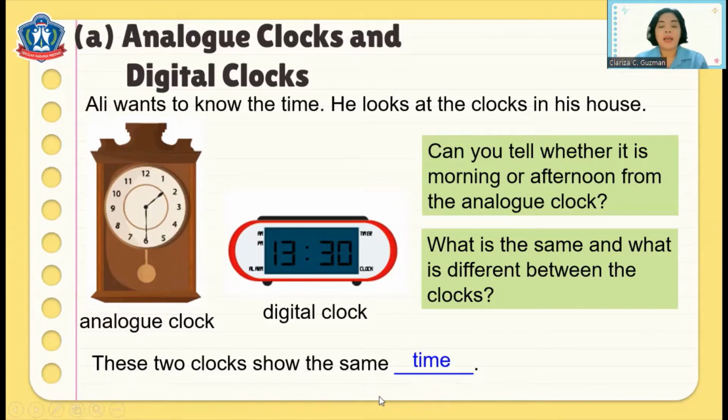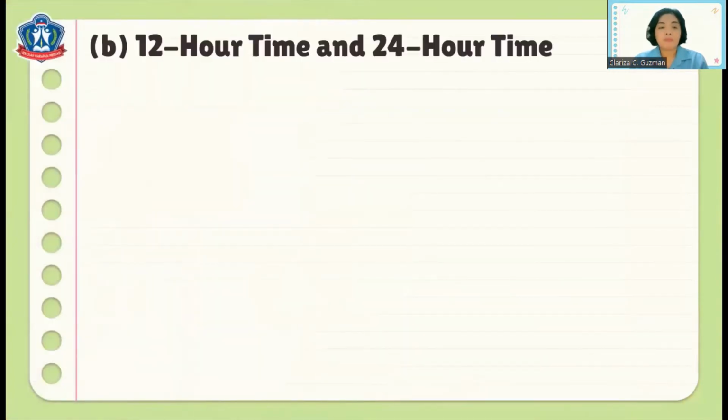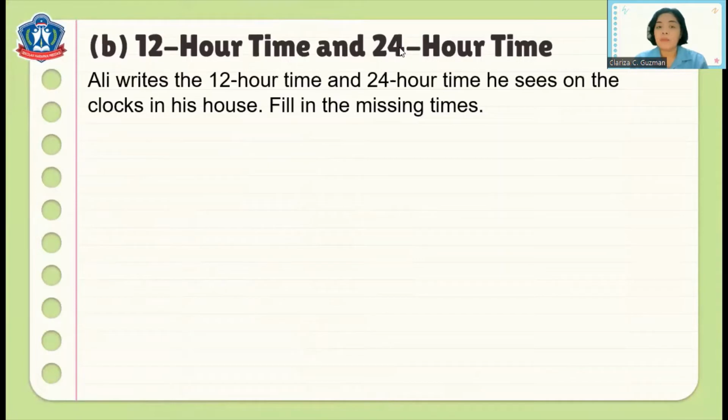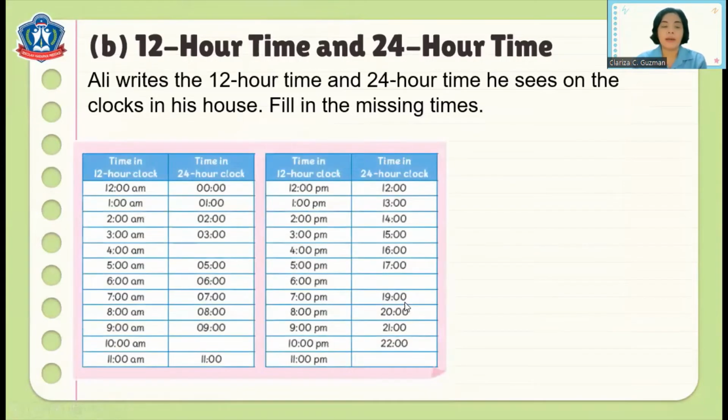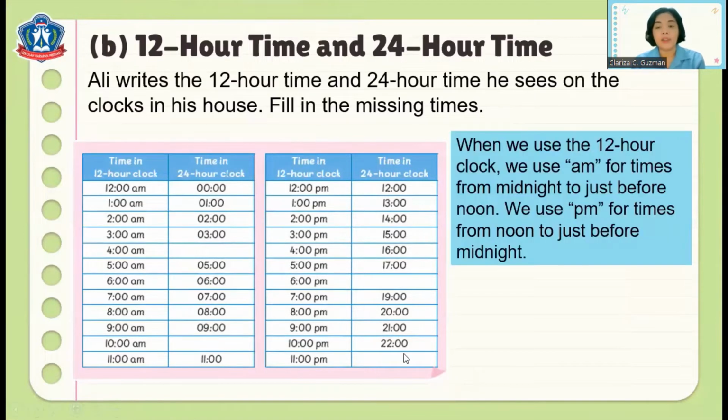Now, Ali writes the 12-hour time and 24-hour time he sees on the clocks in his house. Fill in the missing times. Take a look here. So we have time in 12-hour clock and time in 24-hour clock. When we use the 12-hour clock, we use AM for times from midnight to just before noon time.